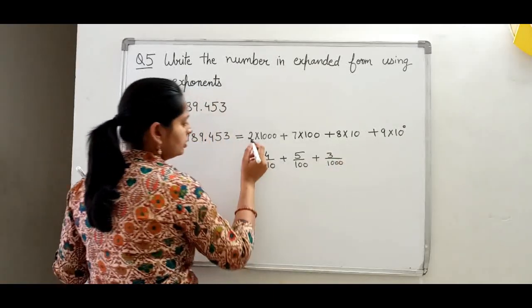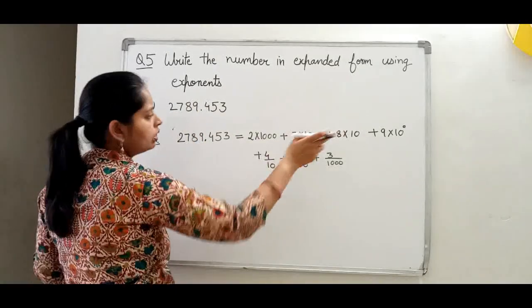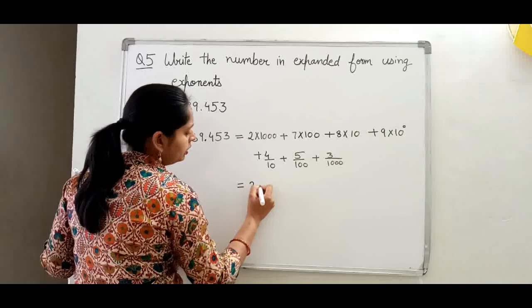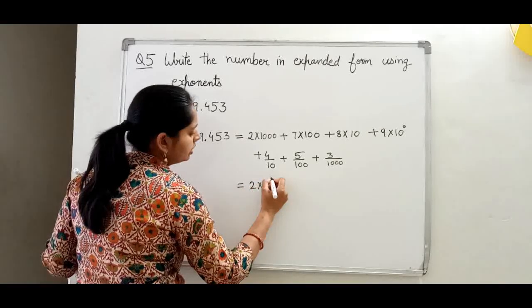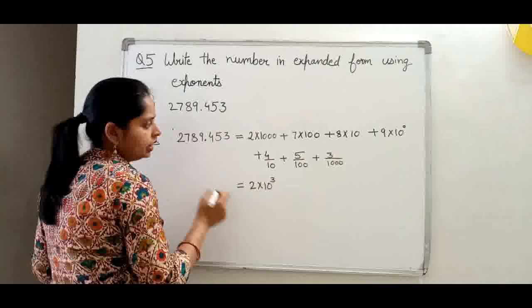So we have to write it in expanded form using exponents, but we have not used any exponents over here. So how will you write? 2 into 10^3. 10^3 will give you 1000: 10 into 10 into 10.